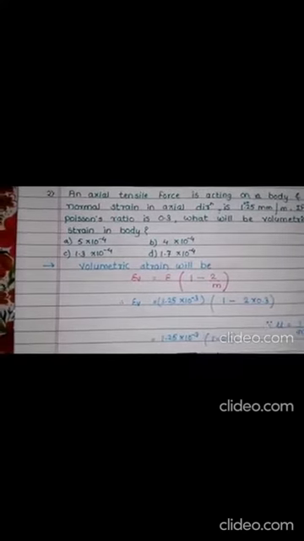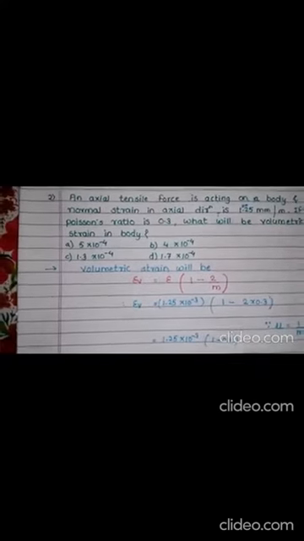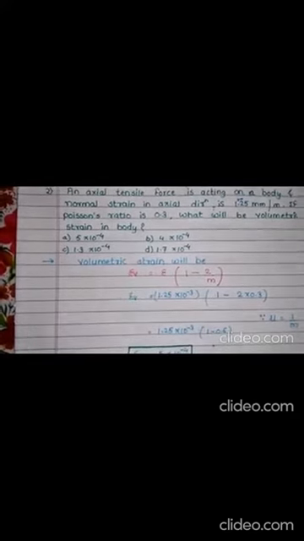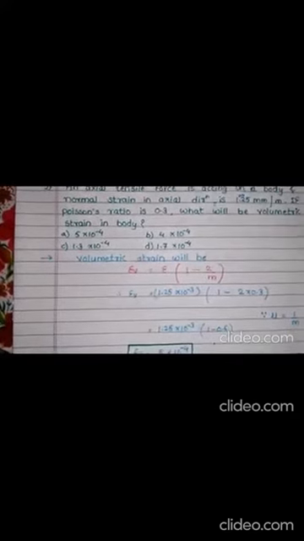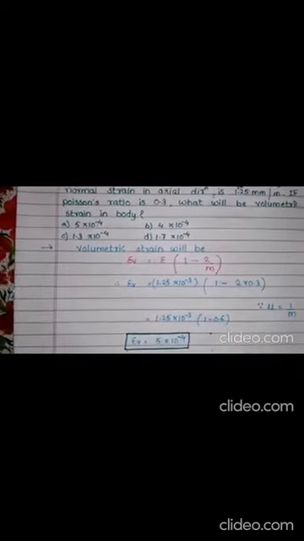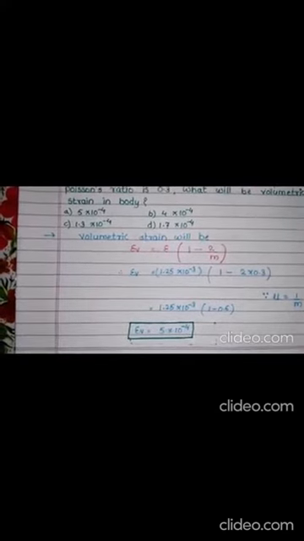So epsilon is the longitudinal strain, which is equal to the normal strain in the axial direction, equal to 1.25 mm per meter, which is converted into meter, and multiplied by 1 minus 2 times mu. So the volumetric strain will be obtained as 5 into 10 to the power minus 4.